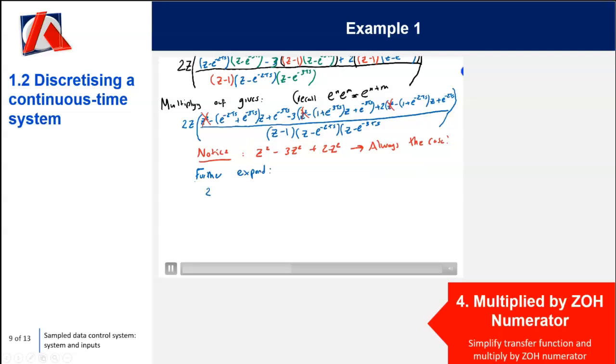Okay, what we're going to do now is further expand this out. So 3, we got a minus and a minus, so 3, 1 plus e to the minus ts, take away this, effectively these here, and then take away, there you've got a plus there and a minus, so 2 multiply 1 plus this exponential minus 2ts.